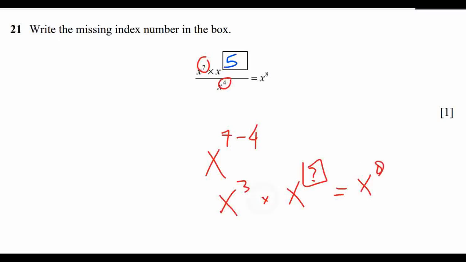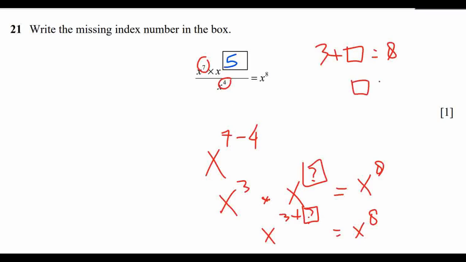Now in multiplication, we simplify the index by adding the indices, so plus something to get x to the power of 8. Now we have the equation in the index: 3 plus a number equals 8. So that number should be 5. That's how we got 5.